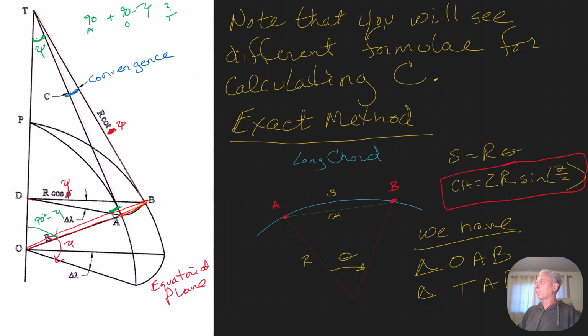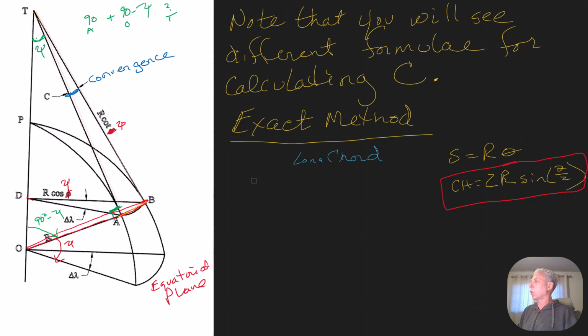I'm just going to erase some of this so I can keep working in the same spot. So we're going to use the long chord to motivate an exact definition of convergence. And what we've done is we've considered two triangles that share a side. I'm just drawing this in two dimensions.